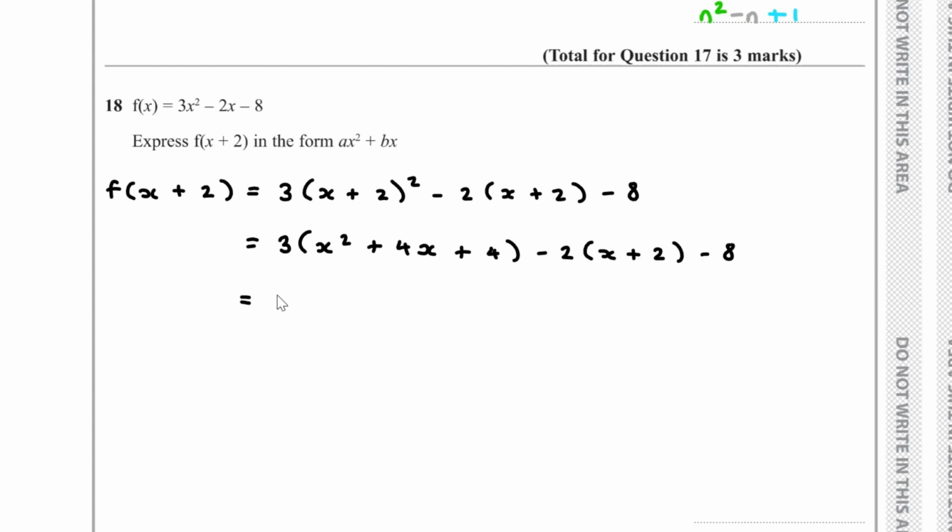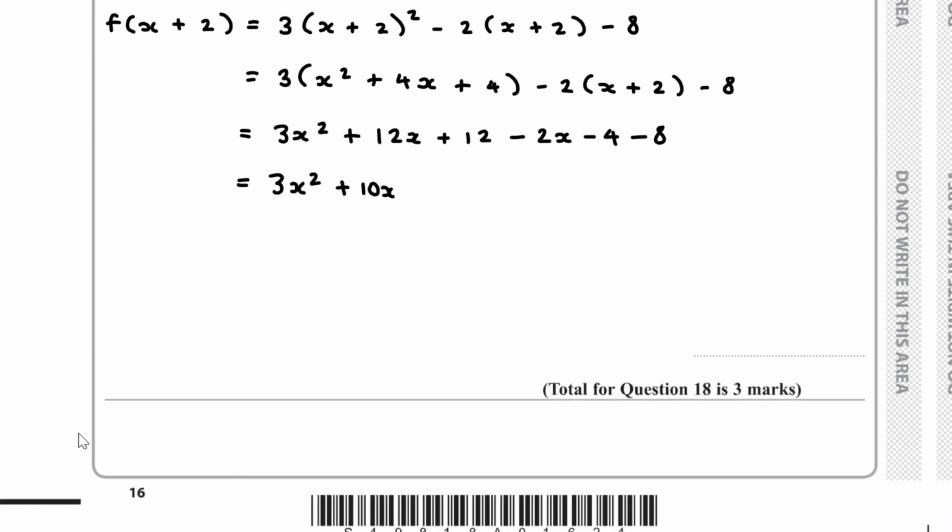So if I expand, we've got 3x squared plus 12x plus 12 minus 2x minus 4 minus 8. So if I tidy all this up, we have 3x squared, 12x minus 2x, that's 10x, 12 minus 4 minus 8, that's 0. So therefore we have 3x squared plus 10x.